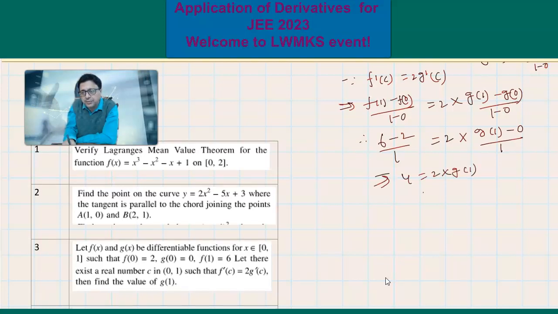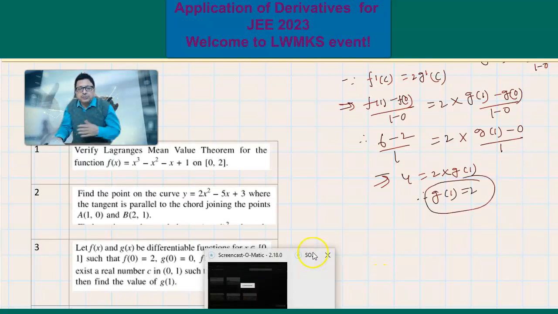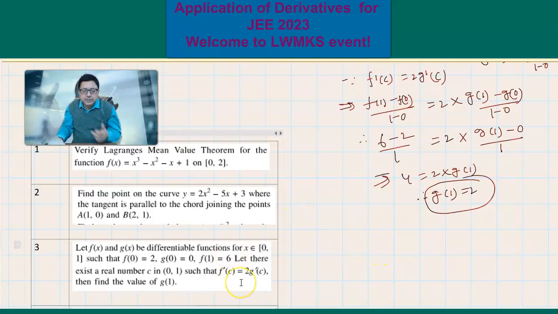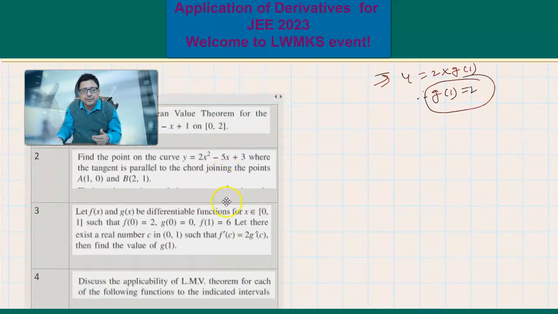So g1 is going to be equal to 2. This can be determined just from the comparison of fx and gx, the condition they have given. By putting f dash c and g dash c separately, because they both obey the condition of Lagrange's mean value theorem, we can get the value of g1.